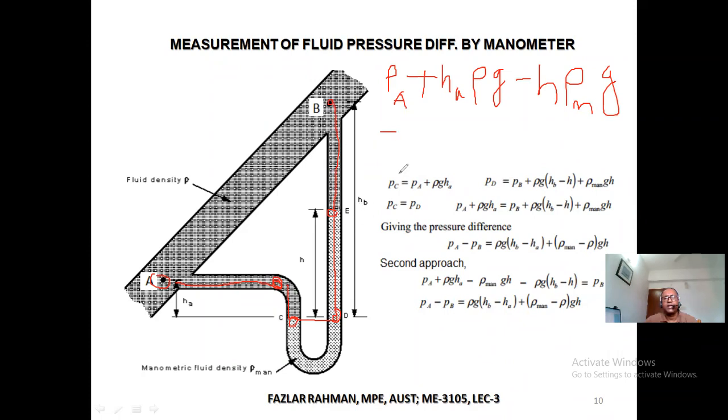This height, HB minus H. So you can say HB minus H rho g. So now you are at point B, right? So this equals the pressure of point B. Then you just figure out PA minus PB or PB minus PA. In this case, fluid is moving along this direction, so PA will be higher, okay?